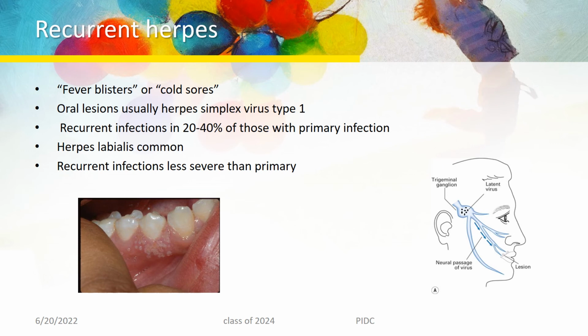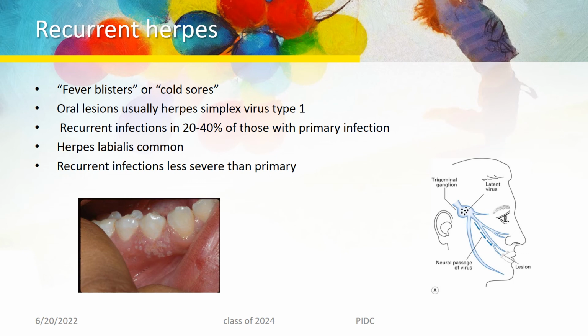This is otherwise known as fever blisters or cold sores. It is usually a latent infection where the viruses reside in the trigeminal ganglion, and then through the neural passage of the virus, if there is any predisposing cause, it results in ulcers in the oral cavity.